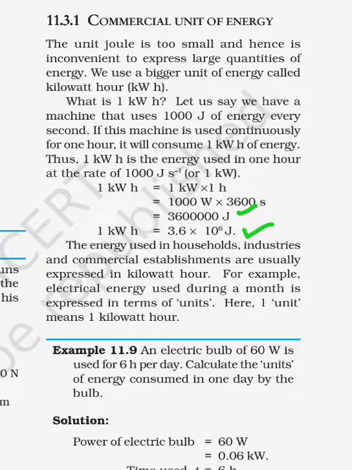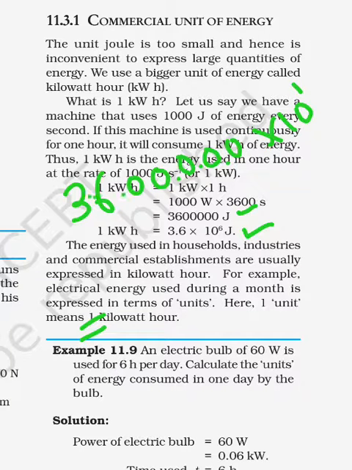Because if we write 3.6 and then 1, 2, 3, 4, 5 zeros, we can write this in short form. If we put the point here it becomes 10 to the power 1, and if we put the point here we get 10 to the power 2, 3, 4, 5, 6.